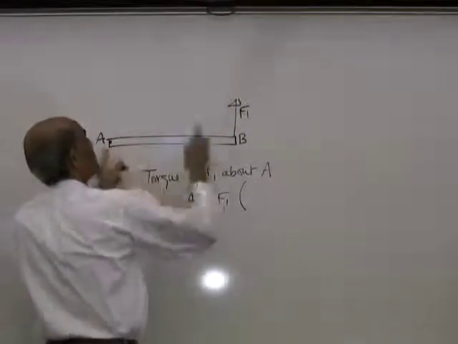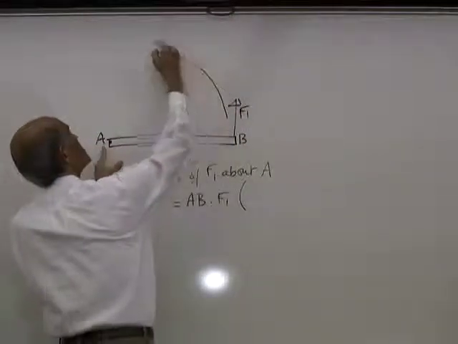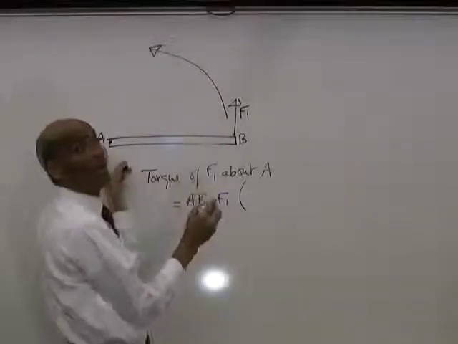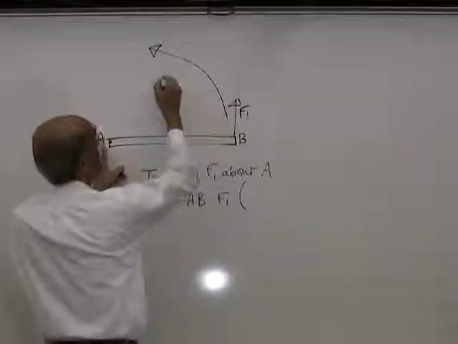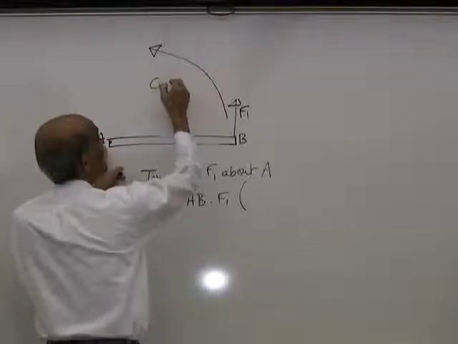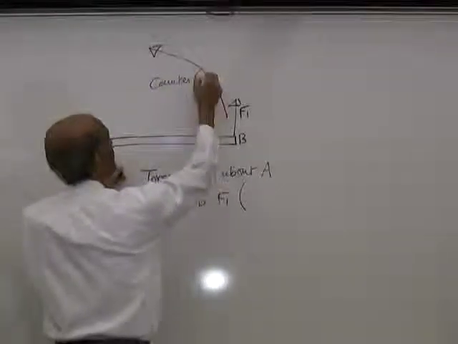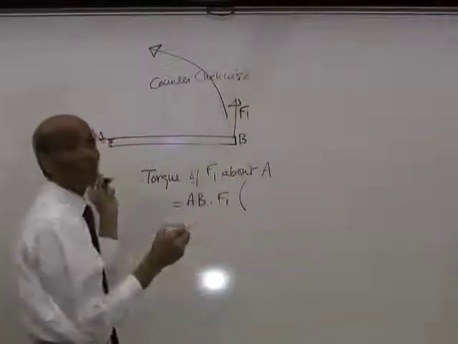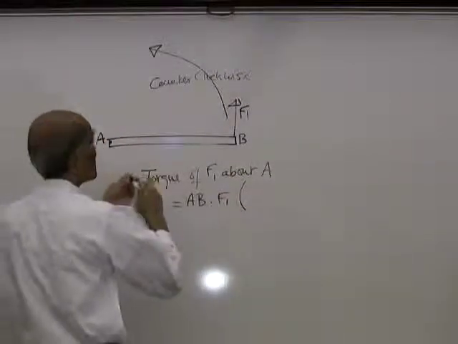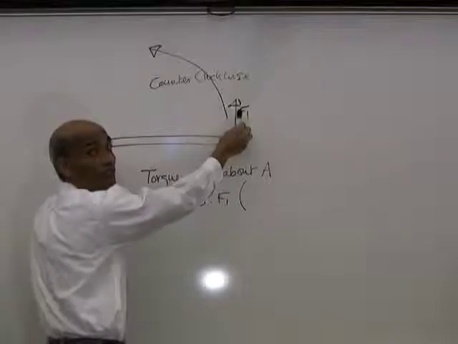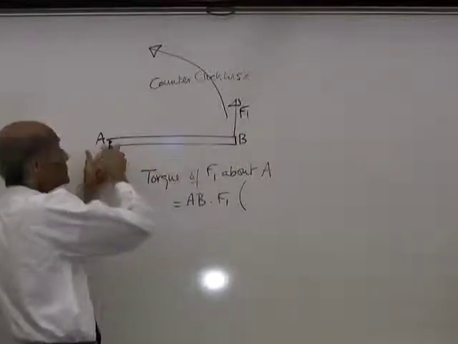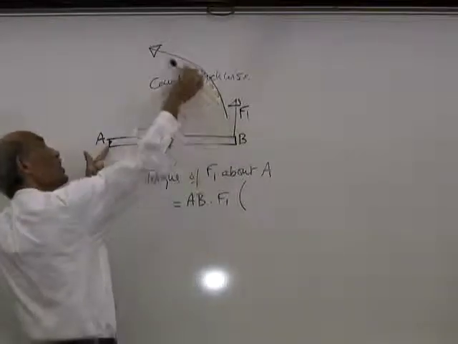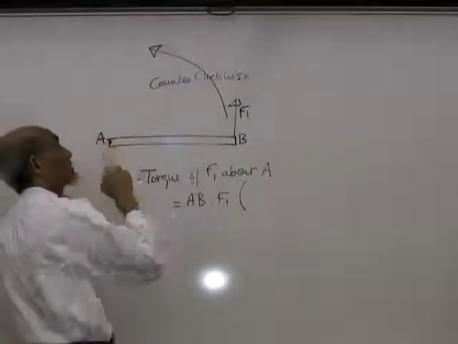The F1 is going to produce a rotation in that direction. What kind of a direction is this? This is counterclockwise. Alright, so we say this force F1 produces a counterclockwise torque about the point A.